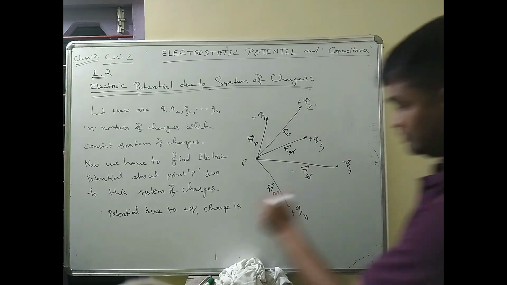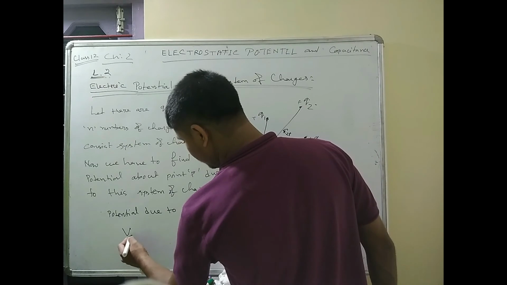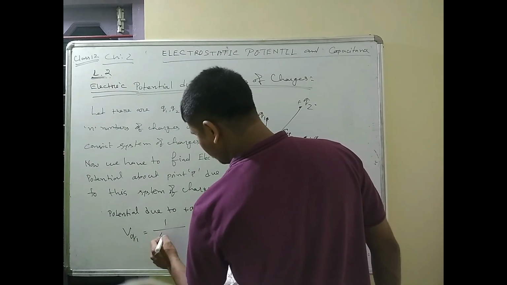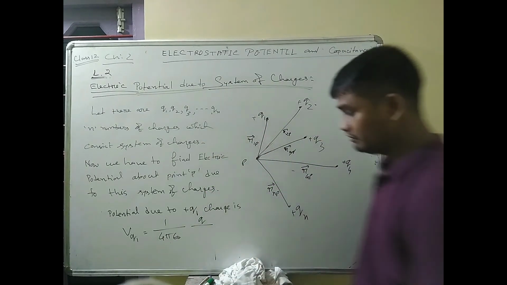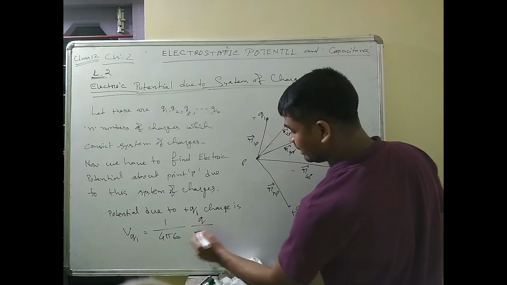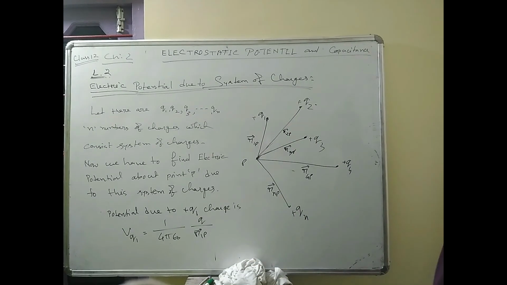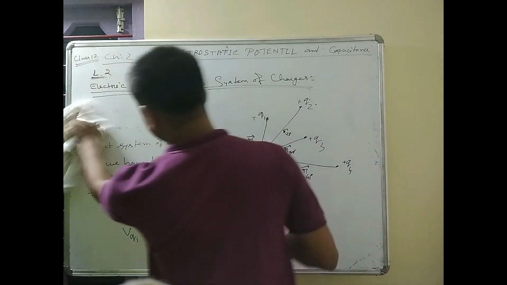So the potential due to Q1 is V Q1 equal to 1 by 4 pi epsilon naught, the source charge is Q1 and the distance is R1P.